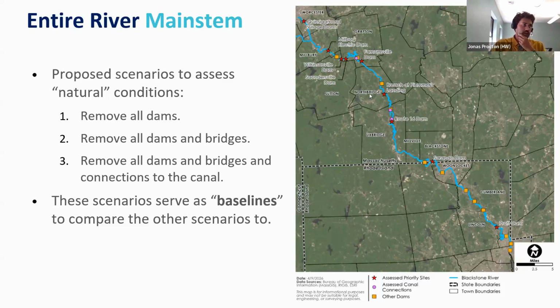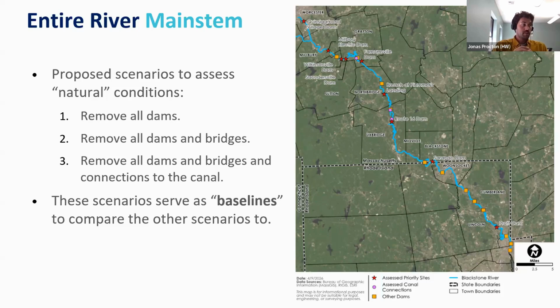The last step of that is to actually remove the connections between the river and the canal from the model, imagining that there are no locations where the river can leave its main channel and go into the canal. Again, this is to understand how much the canal is affecting the hydrology of the river, and how much it is diverting flow from the river, so we can get a better baseline understanding of what that river would look like.